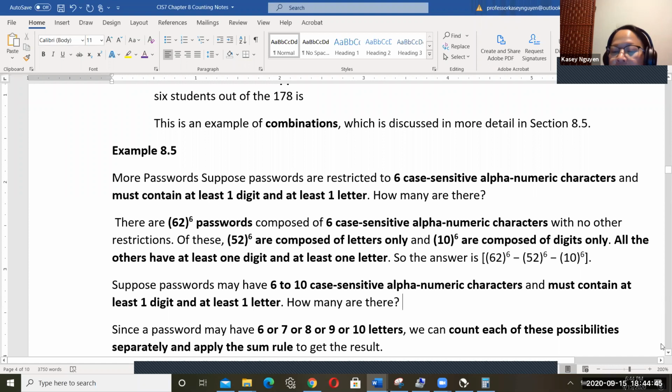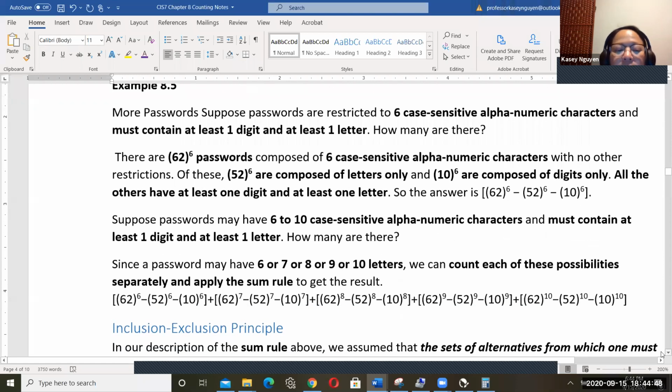So that will be 1 digit and 1 letter. Now, if we expand this and say it's going to be 6 to 10 characters, and it must contain 1 digit and 1 letter, then we would have to do the set of 6, the set of 7, the set of 8, the set of 9, and the set of 10 combined.